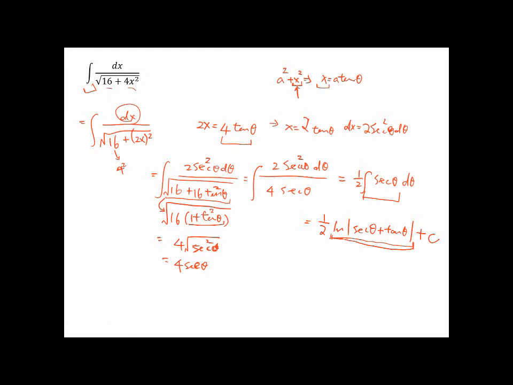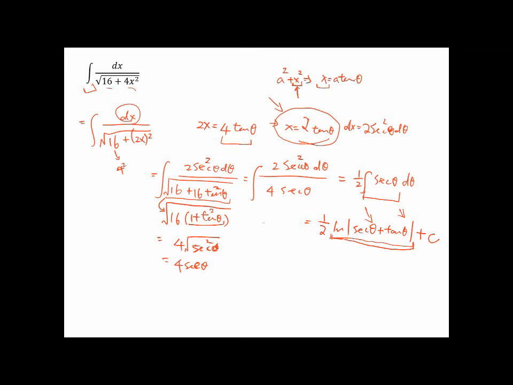And okay, I find my answer includes theta, which is improper. I want to change back into x. What I need to do is go back to the very beginning, find the relationship I set up between x and theta, which is here.